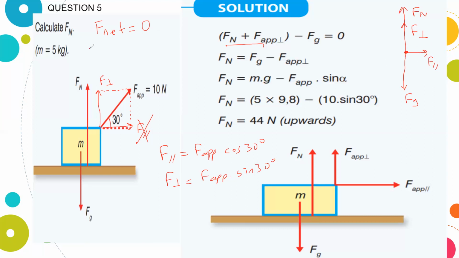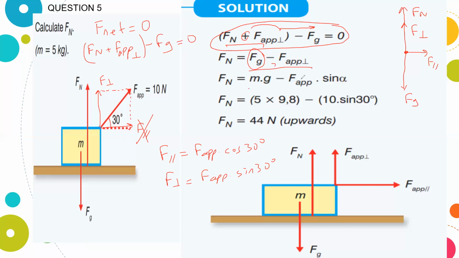So F net, F normal plus F applied perpendicular minus Fg equals 0. Okay, it's already here, you can see. From now, what can we do, people? We can take Fg this side. It is positive, and it was positive, now it's coming this side, other side is going negative. Fg minus F applied perpendicular.